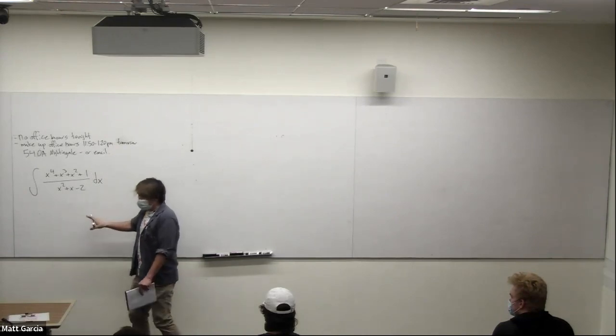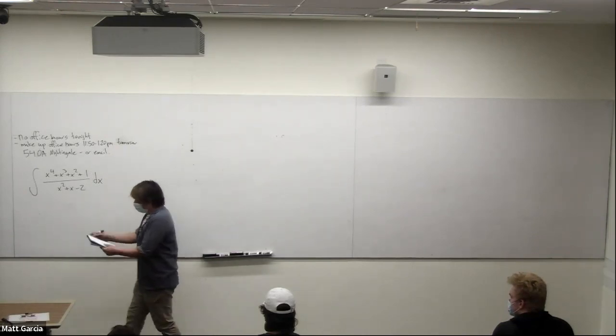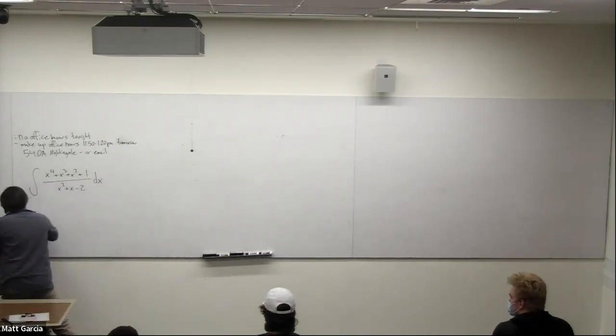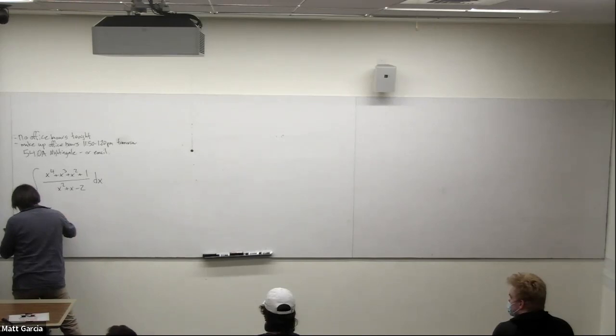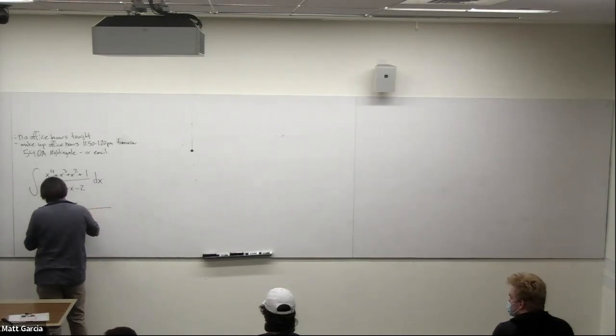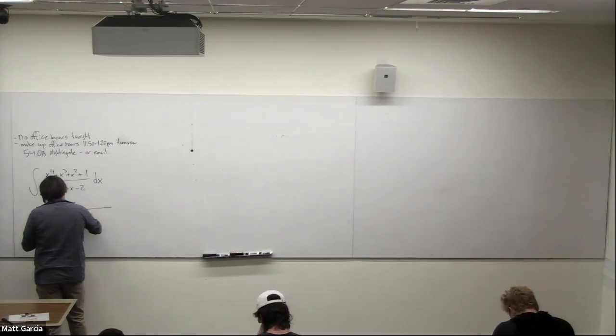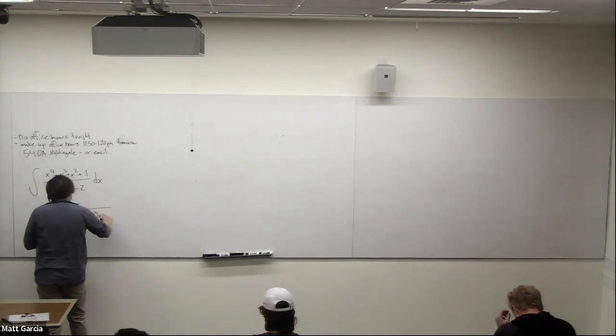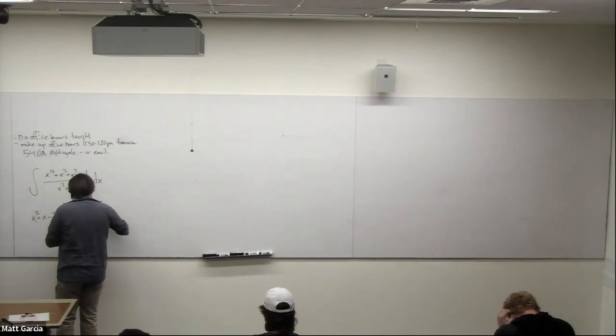So let me remind you of the calculation that we made at the end of Monday. We had our integrand written in standard division notation, right? x to the fourth, x cubed, x squared, plus 0 times x plus 1.